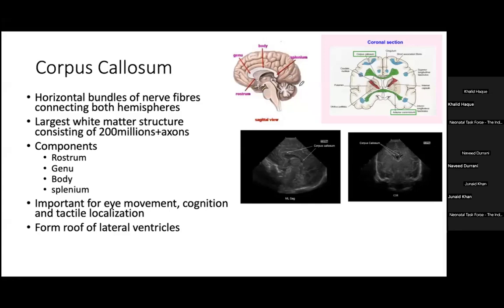And it is very important for eye movement, cognition, and tactile localization. If it is absent, then the person cannot recognize right and left. And it also forms the roof of the lateral ventricle. On ultrasound in the sagittal plane, it looks like this. And in the coronal plane, you can see here on the top the corpus callosum.